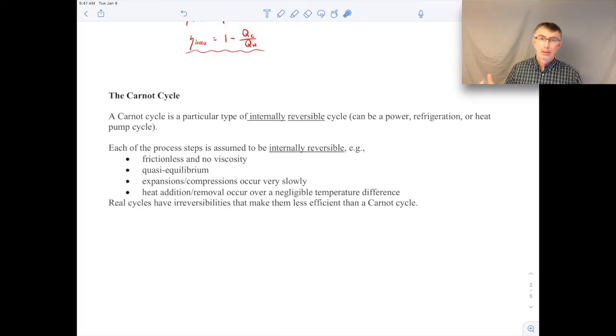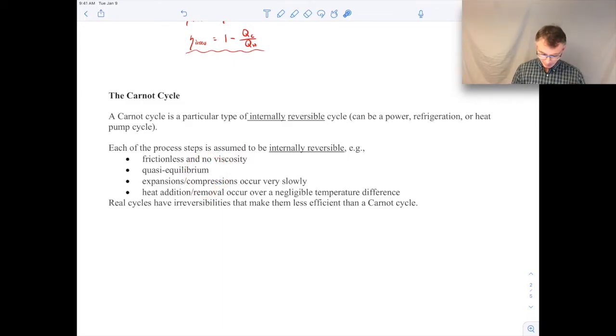It's idealized, right? All of these things are idealizations. Of course, real processes have irreversibilities in them. If you were trying to get really high thermal efficiencies by maintaining some of these things, it becomes very impractical.